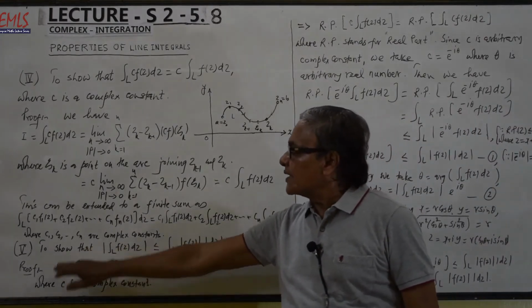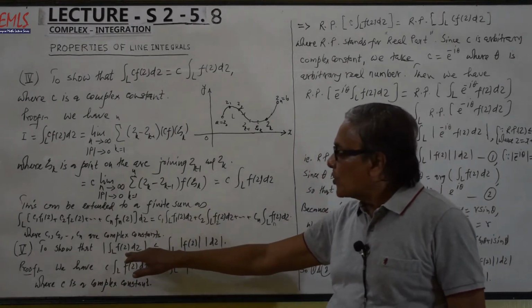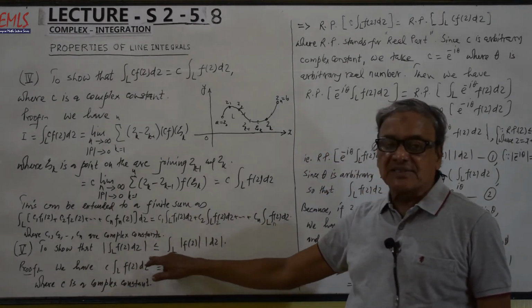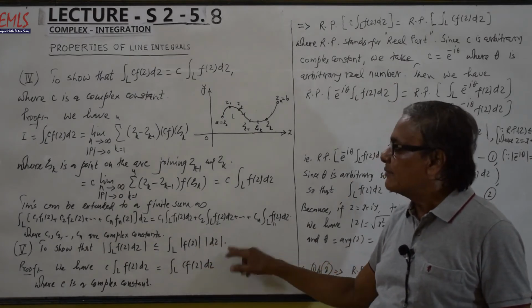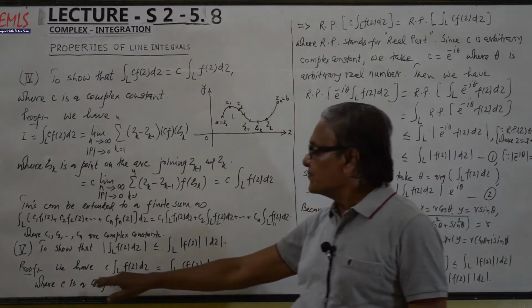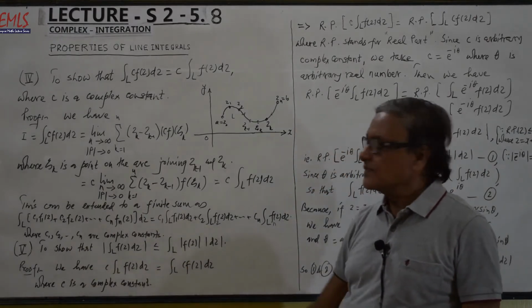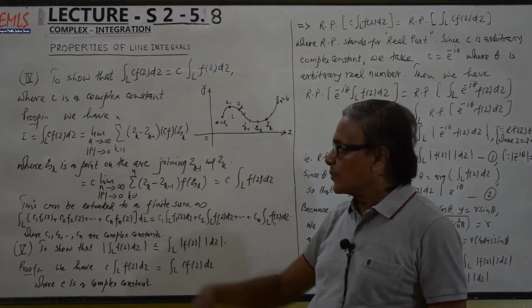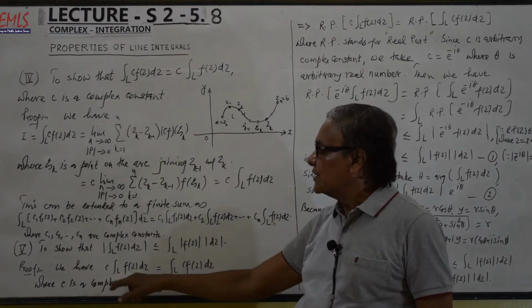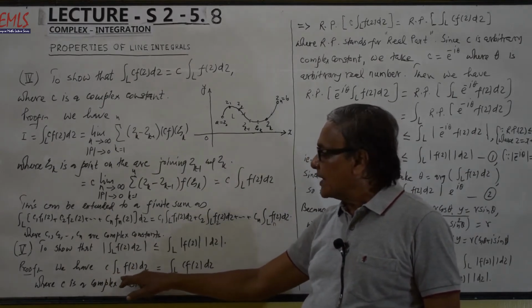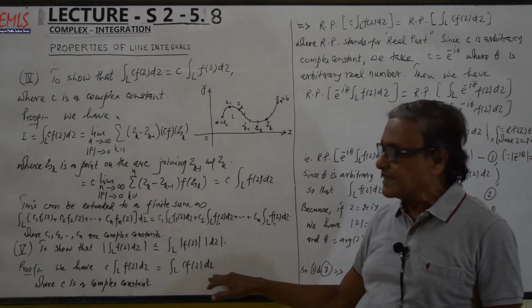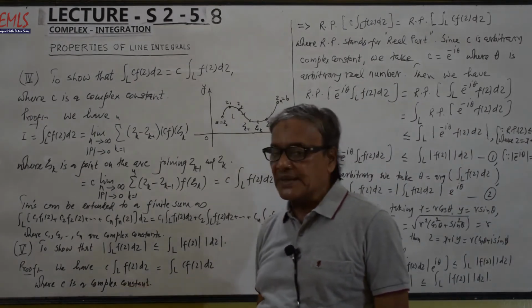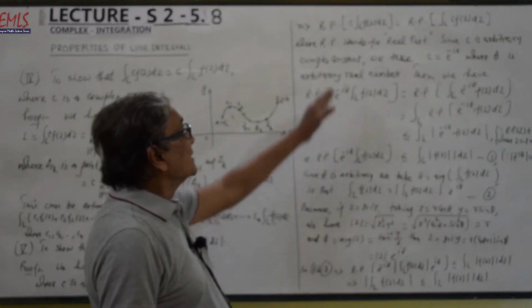Next, property number 5. To show that mod of integral over L f(z) dz is less than or equal to integral over L mod f(z) mod dz. Proof. We have from property number 4, c times integral over L f(z) dz is equal to integral over L c f(z) dz, where c is a complex constant.